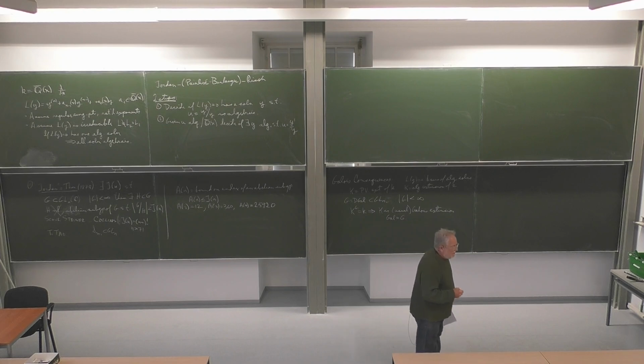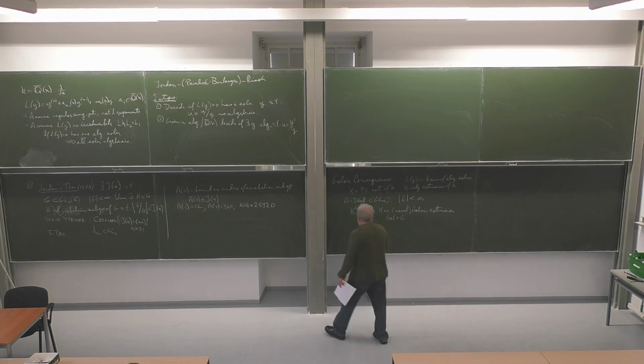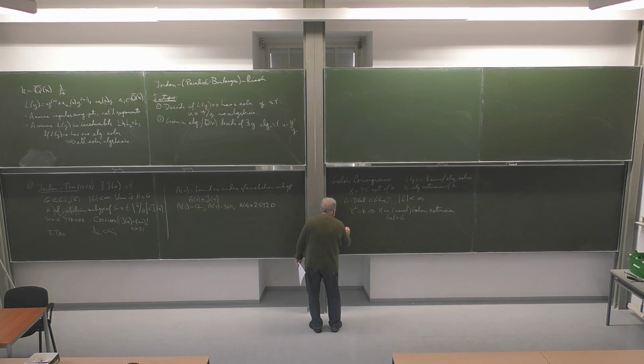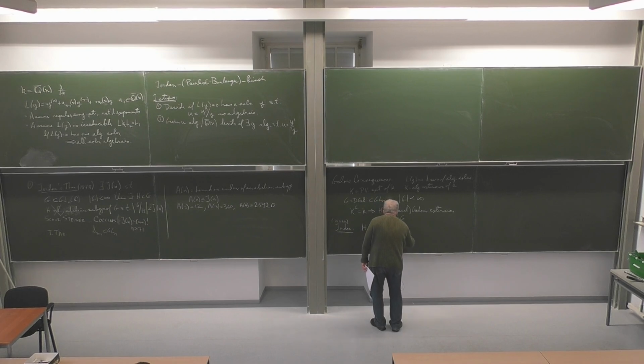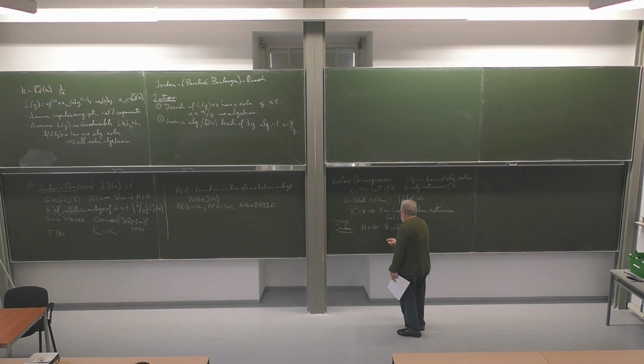So what does Jordan say? I'm going to take H in G, or I should say weak Jordan, H in G, H abelian, and the index is less than some bound.